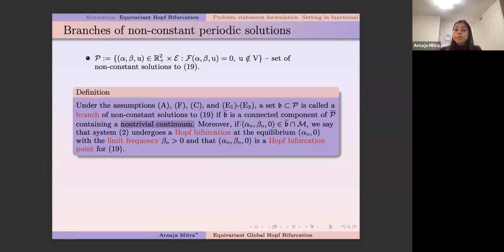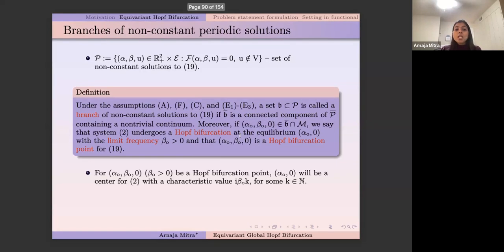Moreover, if (alpha naught, beta naught, 0) belongs to the closure of B and M, where M is the trivial solution set, then I will say that my system undergoes a Hopf bifurcation, and the point (alpha naught, beta naught, 0) is known as a Hopf bifurcation point. Moreover, if (alpha naught, beta naught, 0) is a Hopf bifurcation point, then alpha naught, 0 is a center.